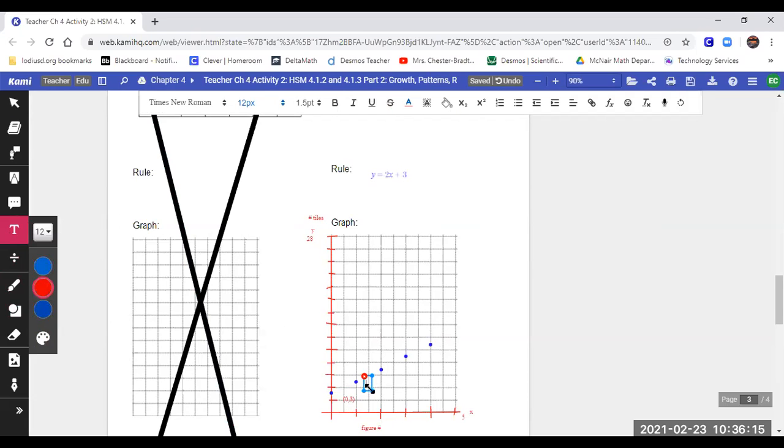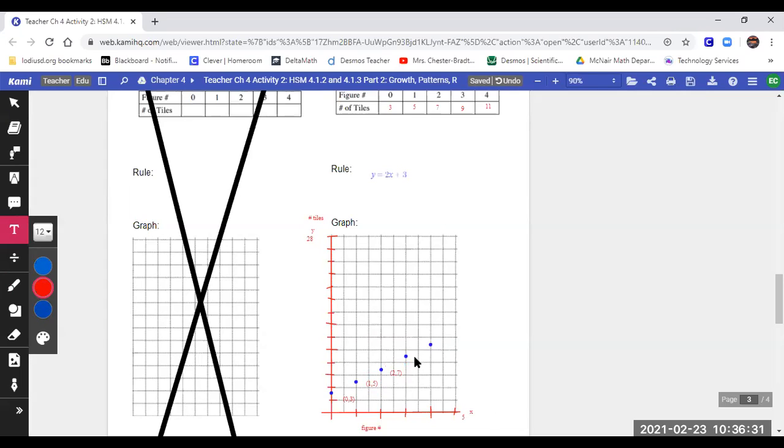Do I connect these dots? Should I be planning to use a line to connect these dots? No, why not? Why would we not draw a line to connect these dots?